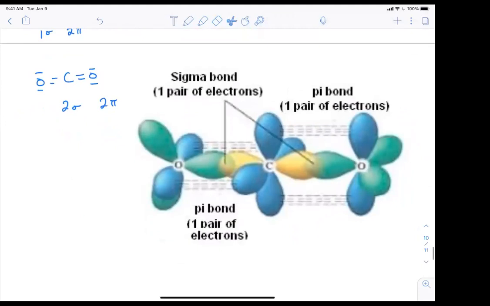Notice there's a sigma bond between the carbon and each oxygen, and then there are pi bonds, and the pi bonds have to be in different planes on each oxygen because they can't overlap, right? So one of the pi bonds is vertical, the y-axis, and the other pi bond is in the z-axis, coming out towards you here. That is what those bonds look like when you're forming sigma and pi bonds.